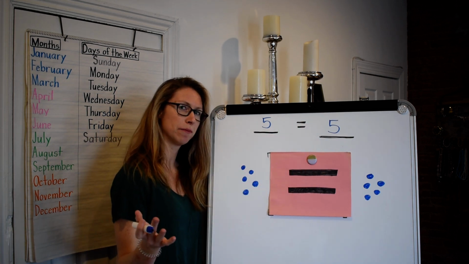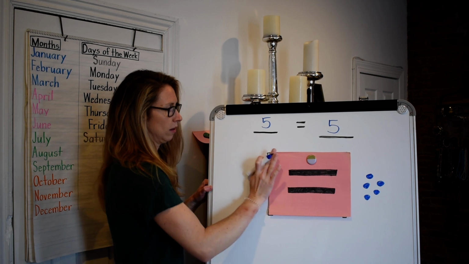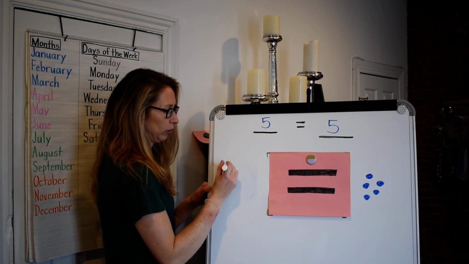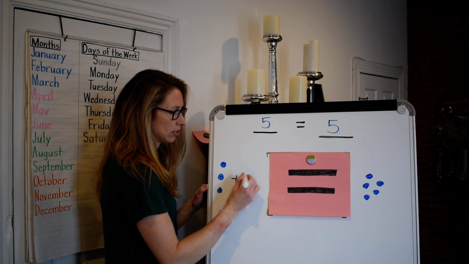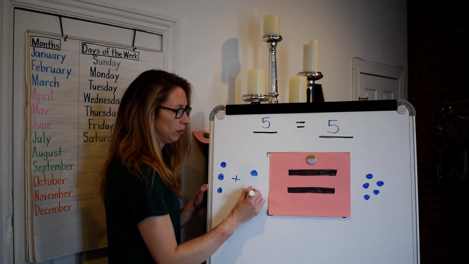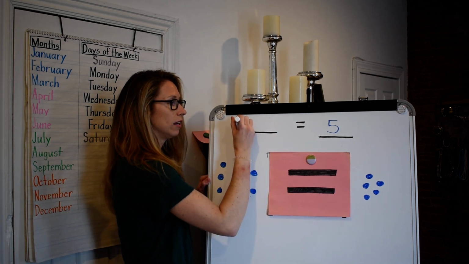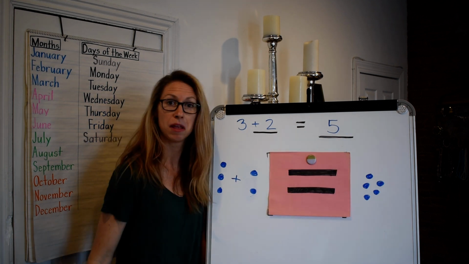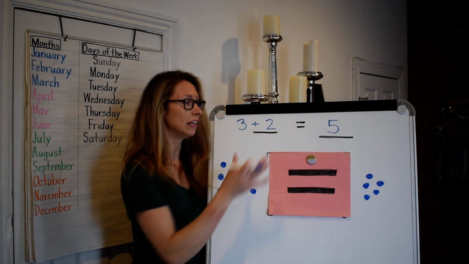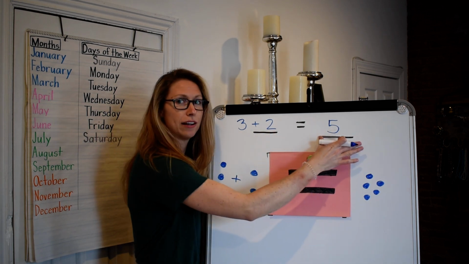Do you understand? It's kind of like if we were to say 3 blueberries plus 2 blueberries equals 5 blueberries. 3 plus 2 equals 5. It's the same thing. This side is equal to this side.